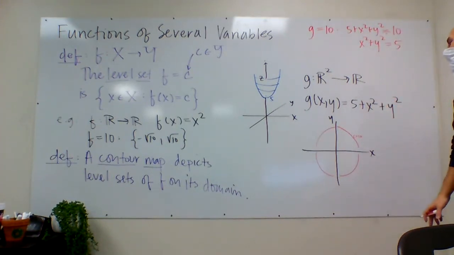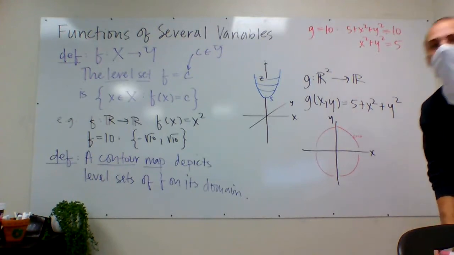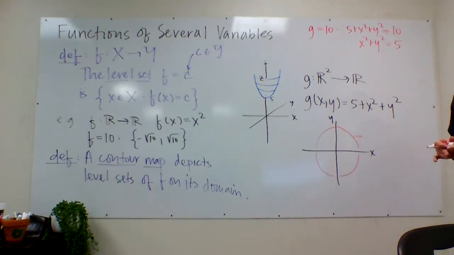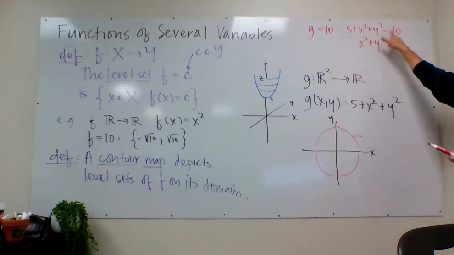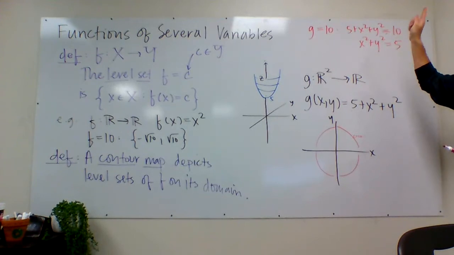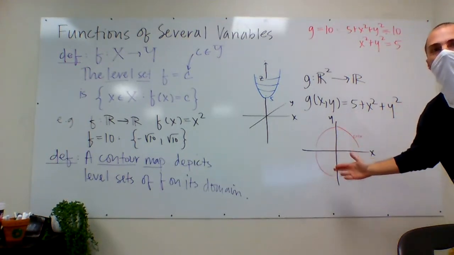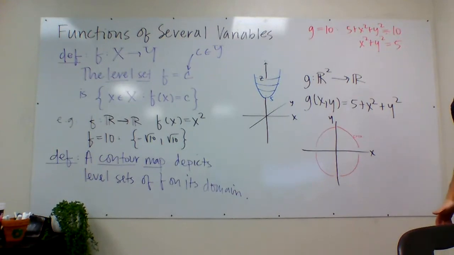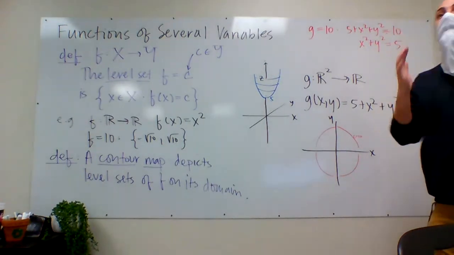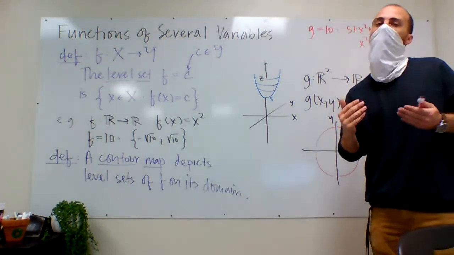Let's talk about C equals 1 or C equals 0. When can 5 plus x squared plus y squared equal 1? That would be never. So there won't be a curve for that. If you look at the graph, there's nothing there. That calls back to how I think about it.